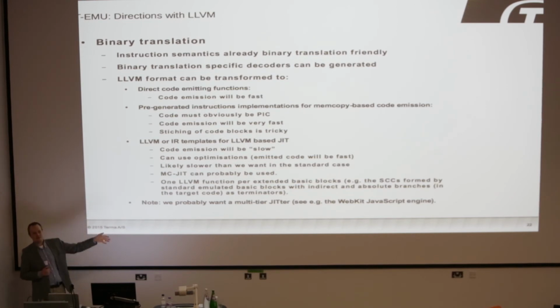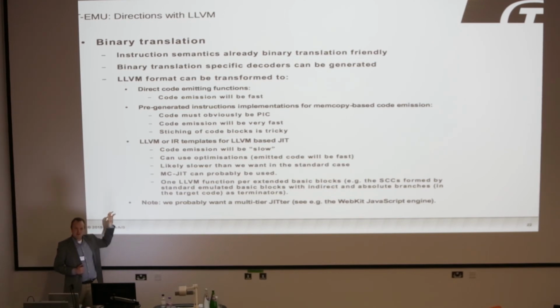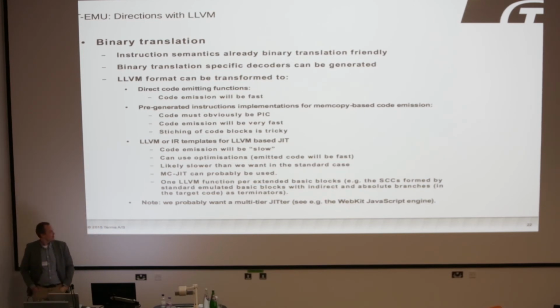And after that, it switches over and does binary translation, or real jitting. And after that, it even goes into an LLVM-based jitter. So we know from practice that the MC JIT is not the most efficient thing. So we probably want to have some combination of this, and we can take some hints from WebKit in this case.